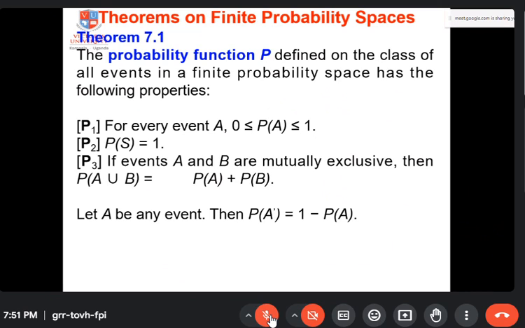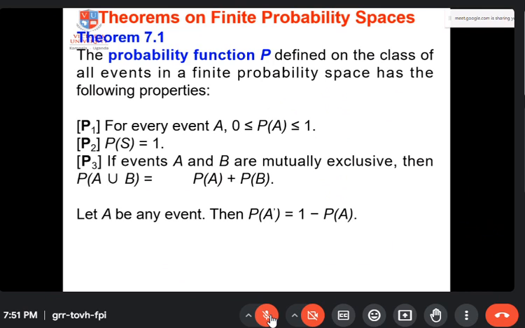Then we said that the probability of the whole sample space, when you add up all the points, is equal to 1. And we said that if the events are exclusive, that means if we don't have any intersection, the probability of A union B is equal to the probability of A plus the probability of B.